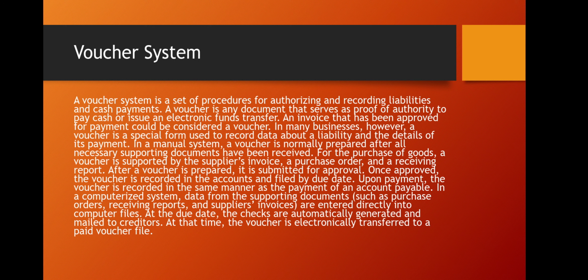The voucher system is a really strict and good method to secure company transactions, because an invoice should be approved first, and the details and other important information about the transaction should be received and then submitted only once approved. Once approved, the voucher is recorded in the accounts and filed by due date using the computerized system.